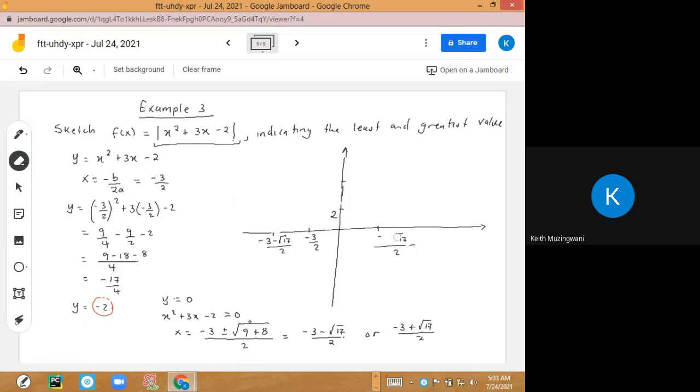Okay, so I've widened it too much. So I'll first sketch. I know this is 17 over 2, not root. So that's 17 over 4. Okay. So our sketch is coming.